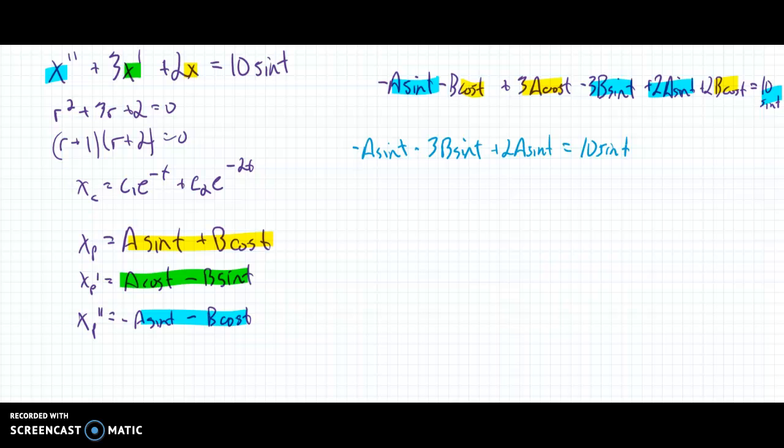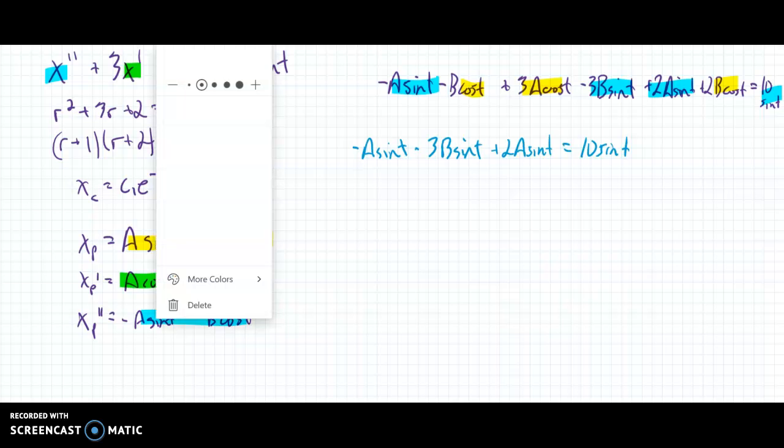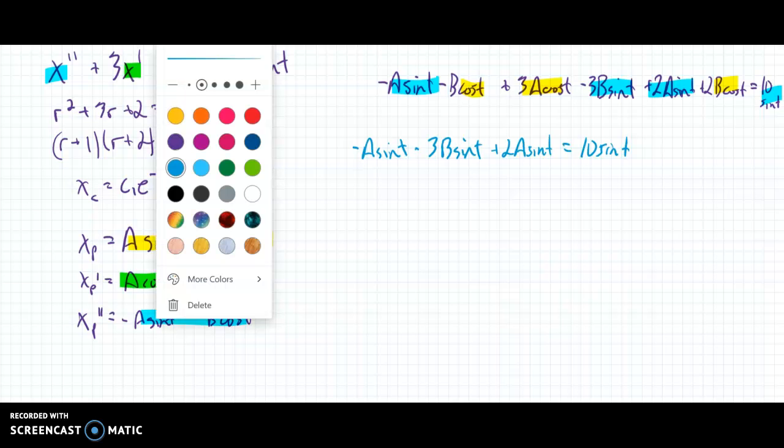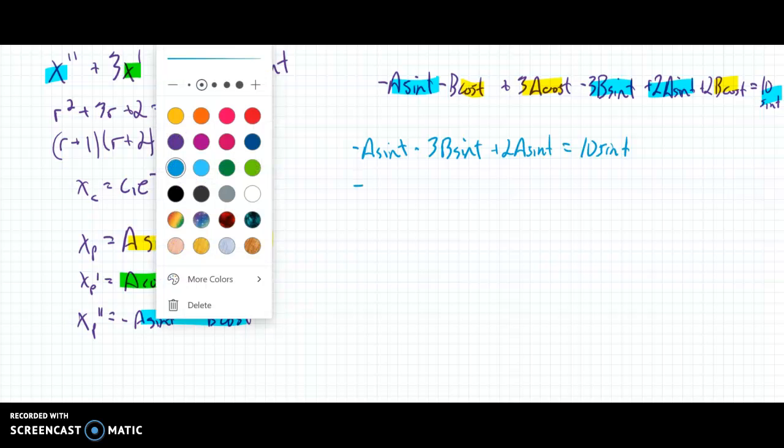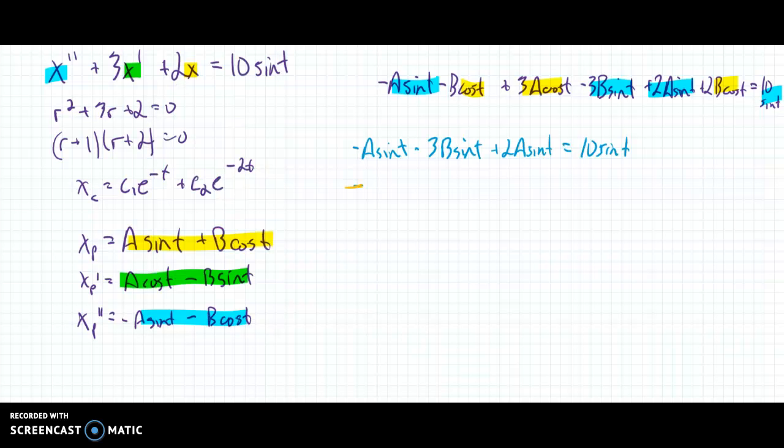That's my first line, and then I get another line: minus b cosine t plus 3a cosine t, and then plus 2b cosine t equals 0 cosine t.